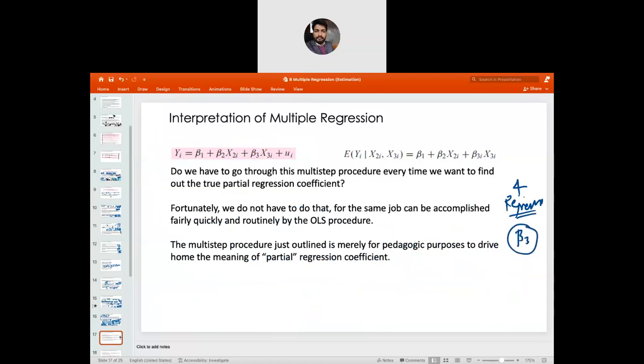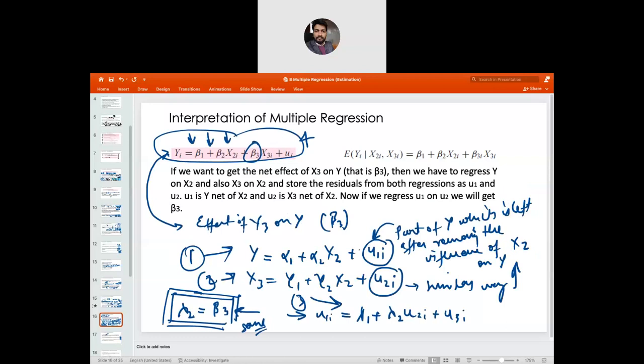We have to run just one regression, this one, and we will get beta 3 directly. What these 4 regressions tell us is that first we have to remove influence of x2 from y, and then remove influence of x2 from x3, and then we can run y on x3 and get the effect of x3 on y captured in lambda 2, right?